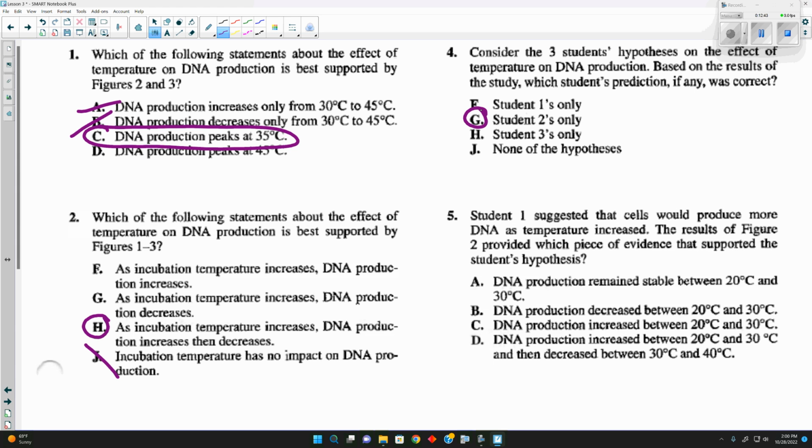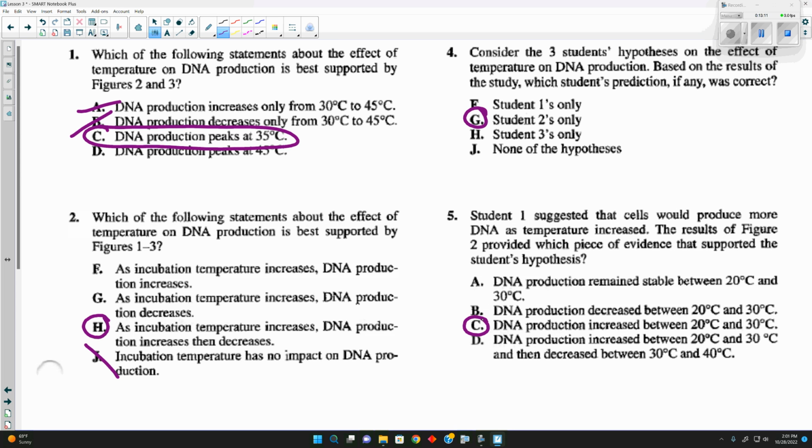So would including 30 to 40 degrees really be a part of it? No. Now also, what is student 1's hypothesis? It's going to continue to increase, yes? So even if we did include 30 to 40 degrees, it would be decreasing.